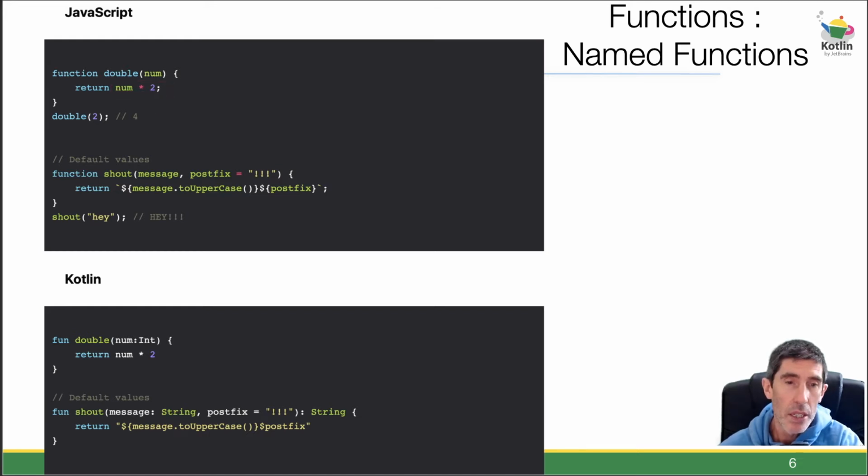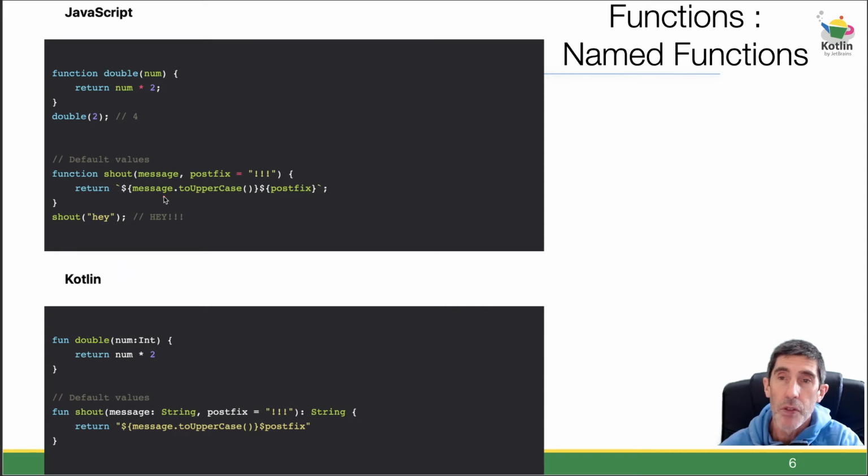Whereas down in our Kotlin, we would say function double num, but we again have to specify a type, so num Int, and then return num times 2. So very little difference between the two there, and we would call it the same way as well. We could say double and then pass in a value. We could just drop the semicolon in Kotlin.